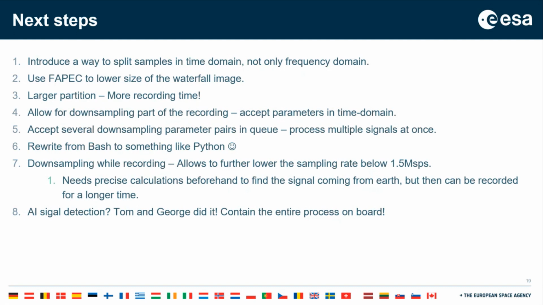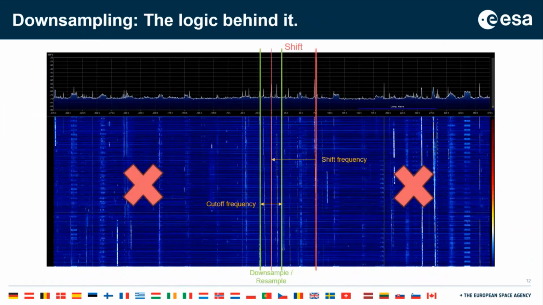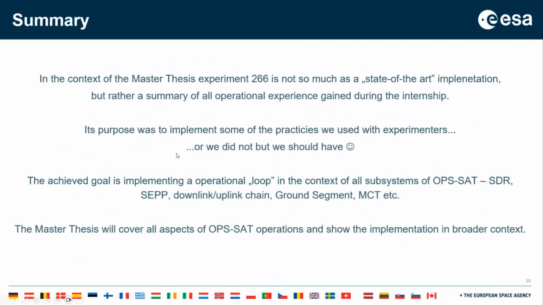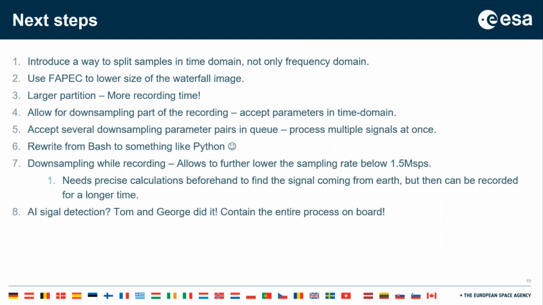There could be a pre-trained AI model which would detect effectively all signals like these, and it could generate the parameters on board and autonomously maybe rank them in order based on how powerful they are. So, for example, it would downlink these signals first, and then it would downlink all the rest of the signals, but ignore everything else in between. So yeah, these are the things I could think of which could be improved for the next part.